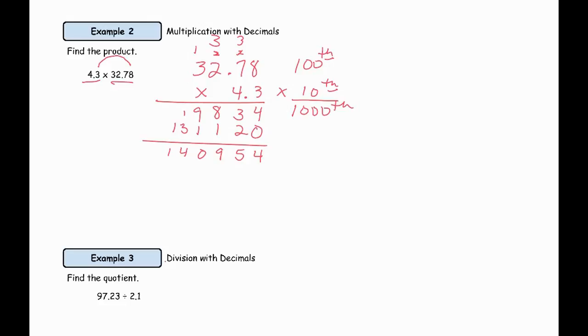So we have to be sure our answer reflects a number that goes out to the thousandth. So we're going to move our decimal 3 times to the left, and we can see clearly that our answer is 140 and 954 thousandths.